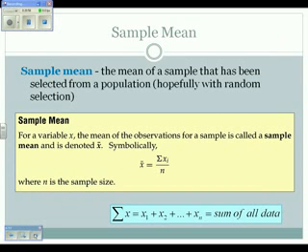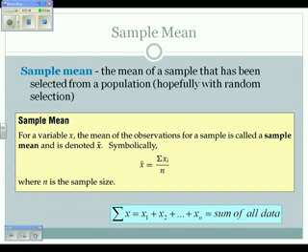So sample mean is the mean of a sample. So we take a sample set of data, we add all the data together and we divide by the number of data values in our sample. We just call it a sample mean to denote that this average is only of a sample and not the entire population.